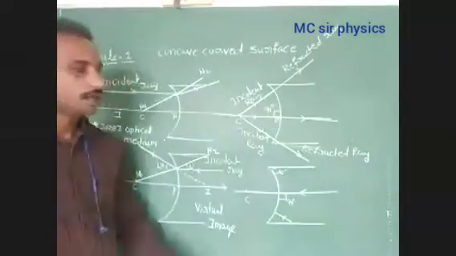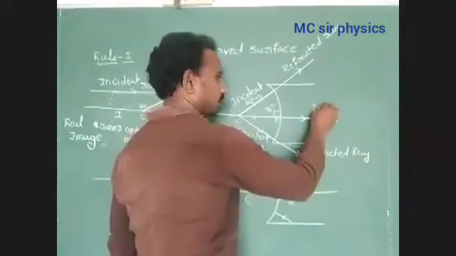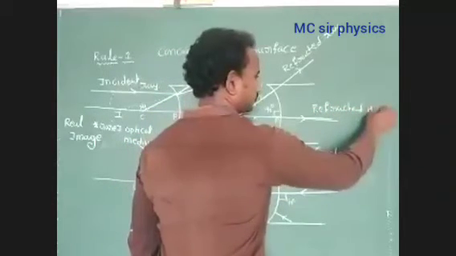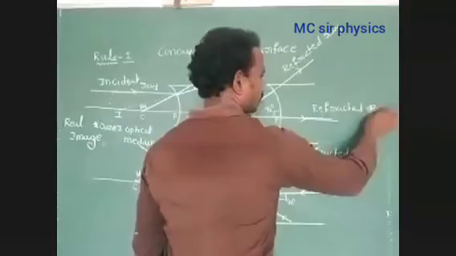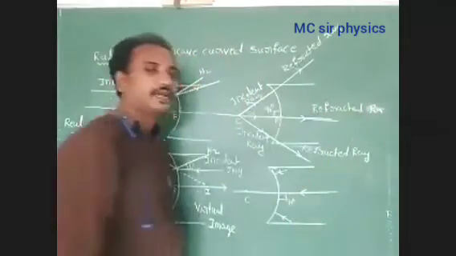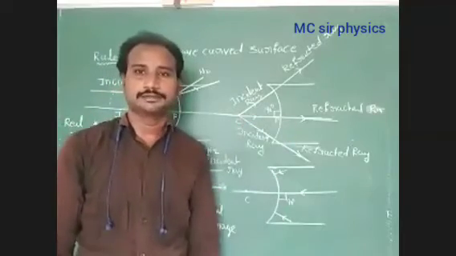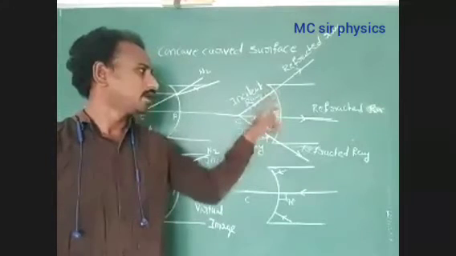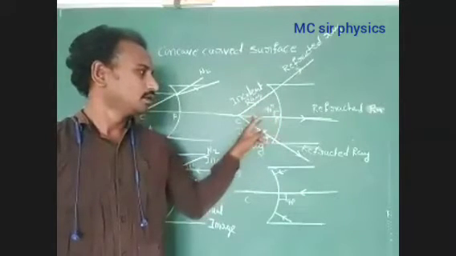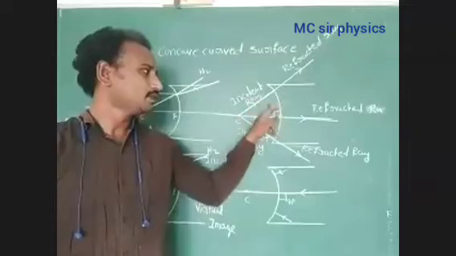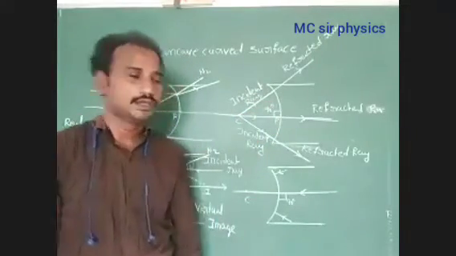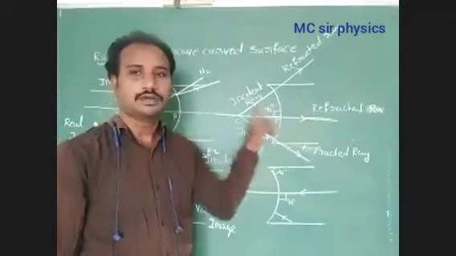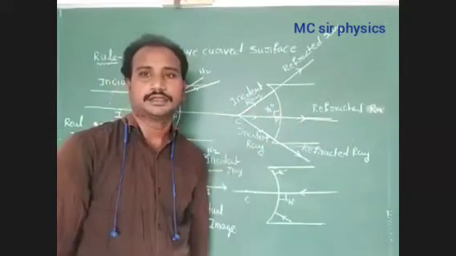The incident ray direction and the refracted ray direction are almost the same. This condition is possible when the incident ray makes 90 degrees with respect to the curved surface. Then the refracted ray can follow the incident ray direction.